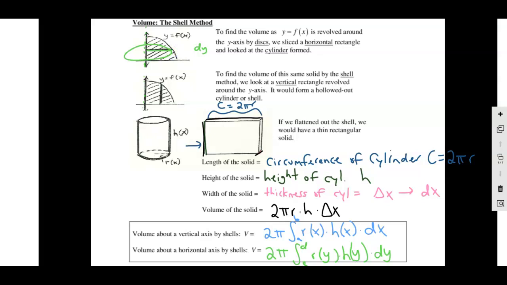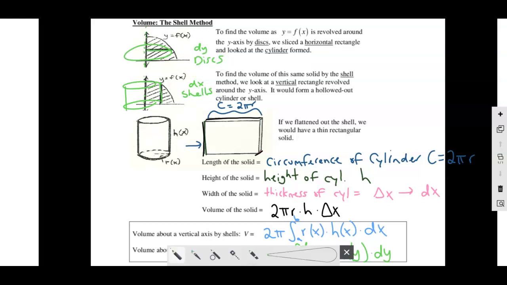Now, it could be disks or washers. They're kind of the same thing. A disk is just the easiest type of washer where the little radius is 0. But there, the dy integration would be the solid disks, and then here the dx would end up being the shells. So that was the disks, and the other one would be the shells.